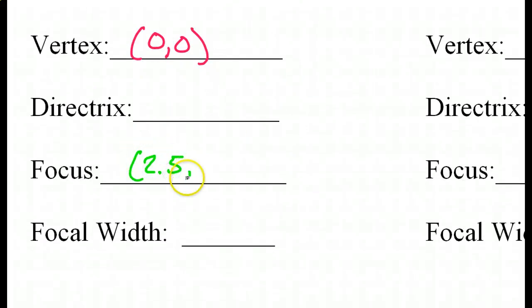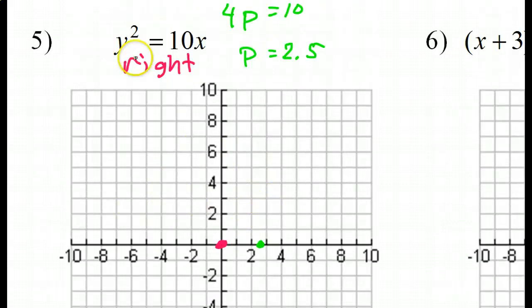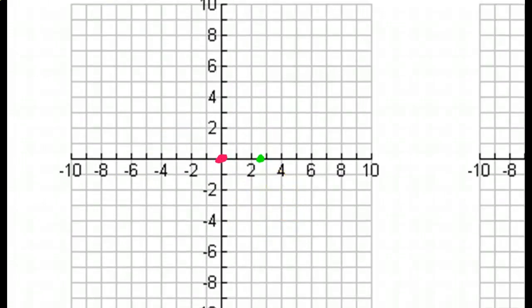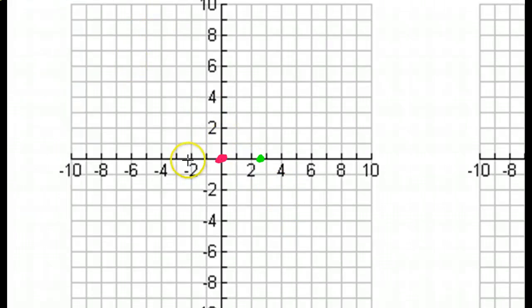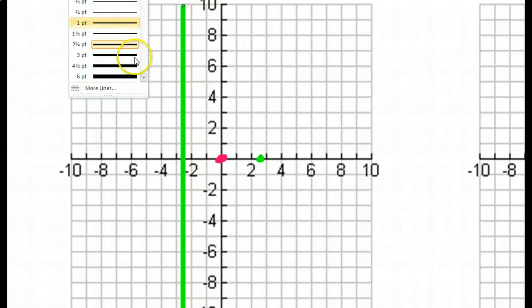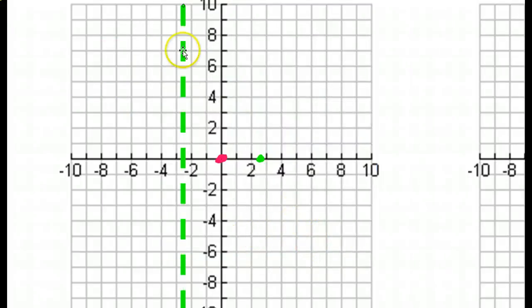Okay, now the directrix should be in the opposite direction. So it should be 2.5 to the left. All right, so there's my directrix. And that is vertical, so I've got x equals negative 2.5.